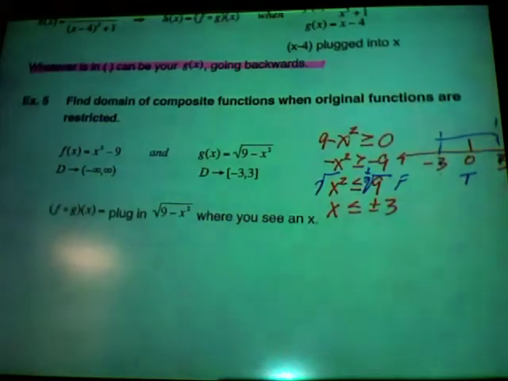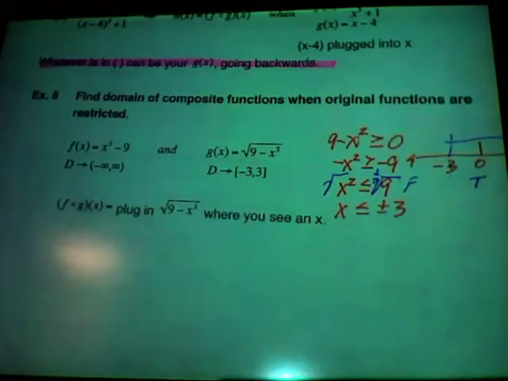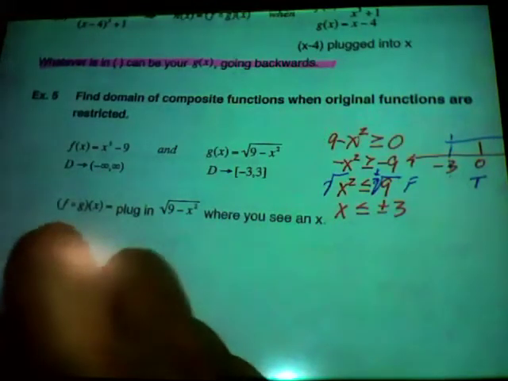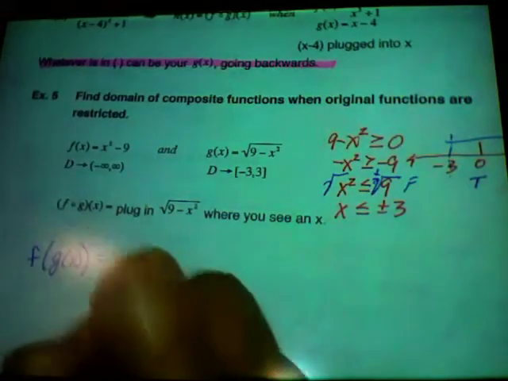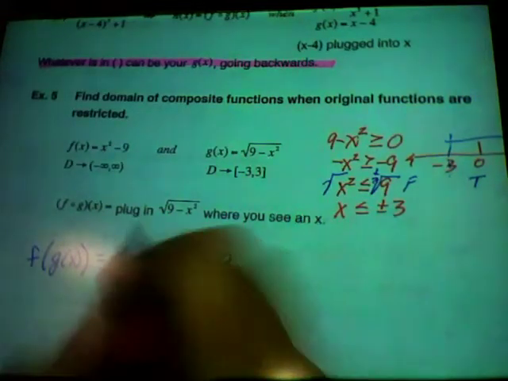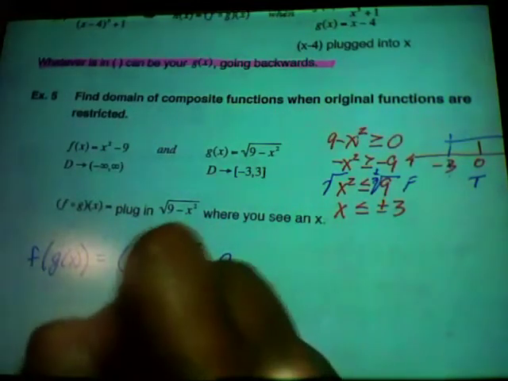So now, f of g. You're going to plug in the square root of 9 minus x squared wherever you see an x. So find f of g. Rewrite your f function. And I'm going to put in the square root of 9 minus x squared.